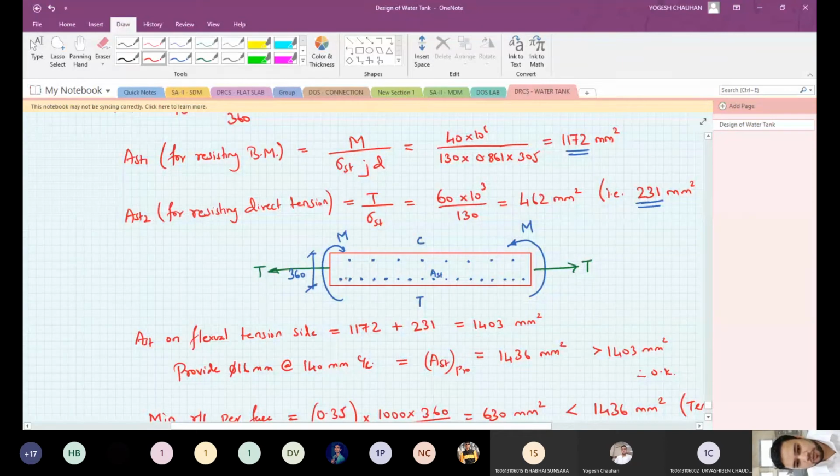Actually it is shown wrong. This has to be shown with a straight line.